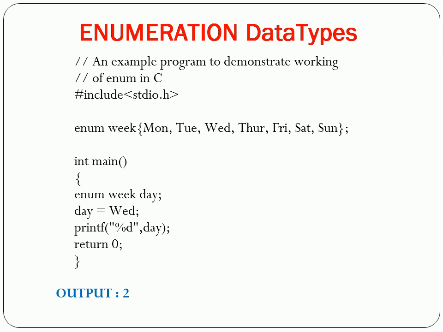So in our program, for Monday it will assign the integer value 0, for Tuesday it will assign 1, and for Wednesday it will assign 2. So when we access what is in Wednesday, it displays 2 as the output.